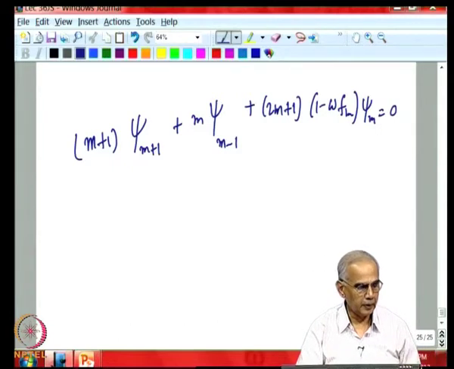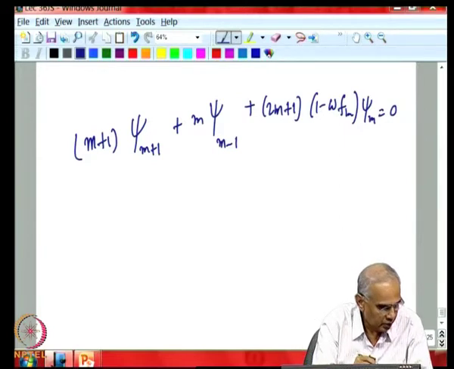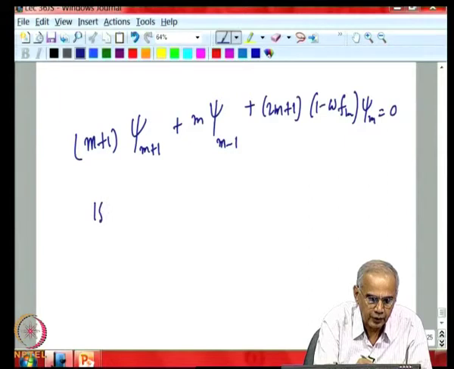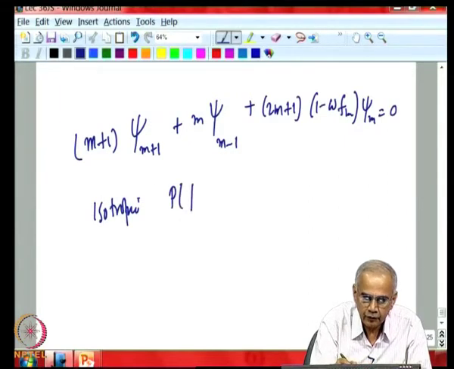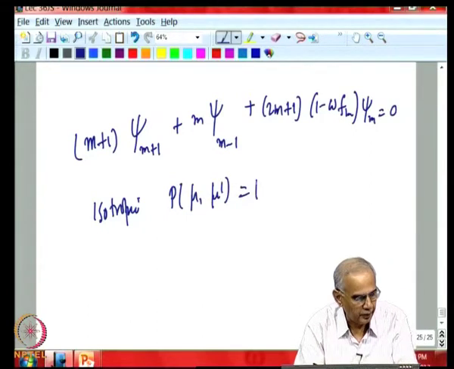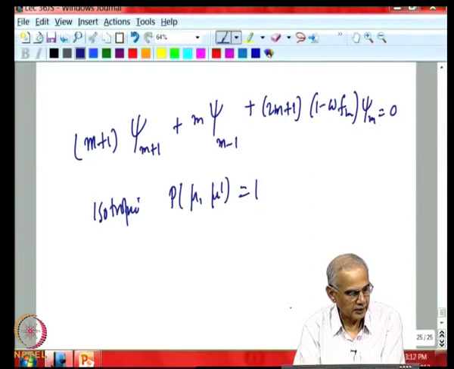Now, some of the phase functions that people assume, of course, there is isotropic, you know that P of mu prime is equal to 1. So, that is a simple problem we have dealt with earlier in this class.